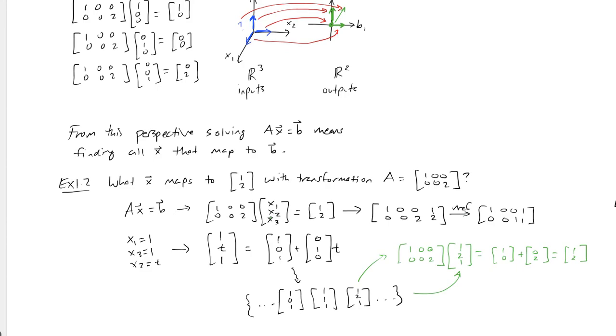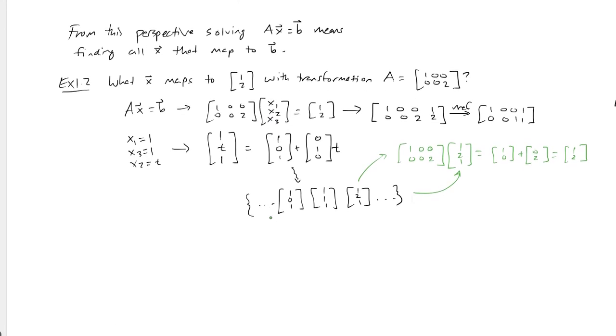And if you wanted to visualize this with a picture, we have this set of vectors. So we have input vectors (1, 0, 1), so that's this vector. (1, 1, 1), that's this vector. (1, 2, 1), that's this vector. And there's a whole line of vectors that end here.